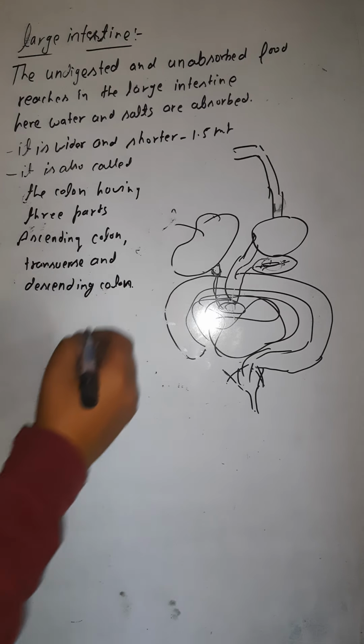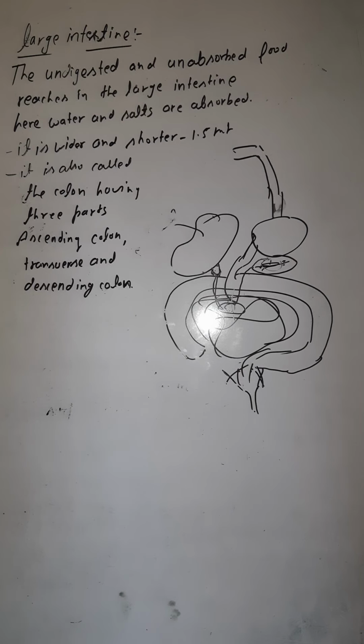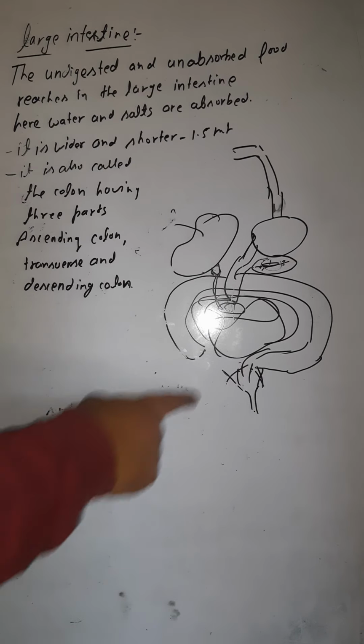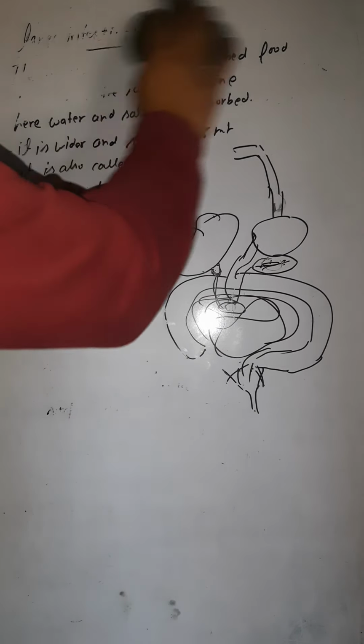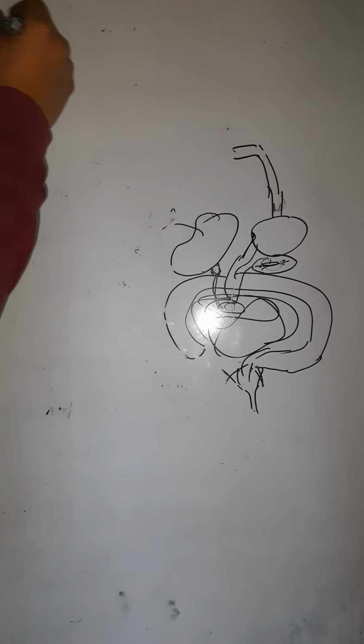Okay, so this is the function of the large intestine. And after that, from the large intestine, the food now reaches into where? Into the rectum and anus. So let me write about the rectum and anus.